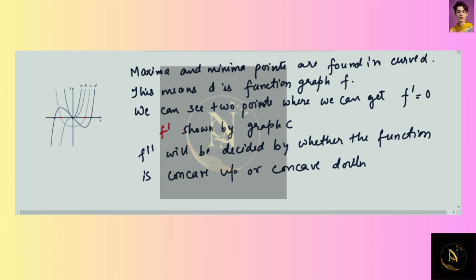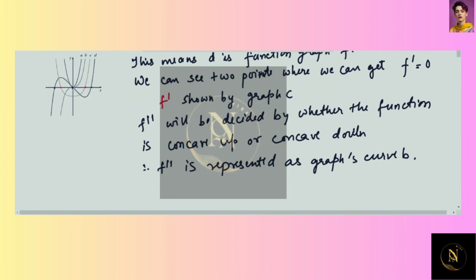Therefore f double dash is represented by graph's curve B. All right.